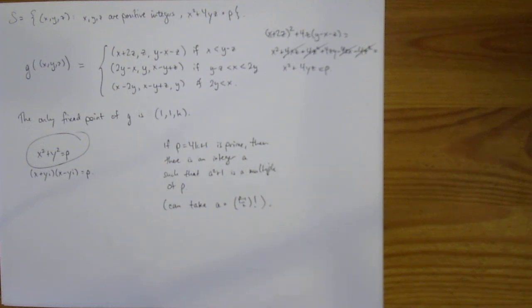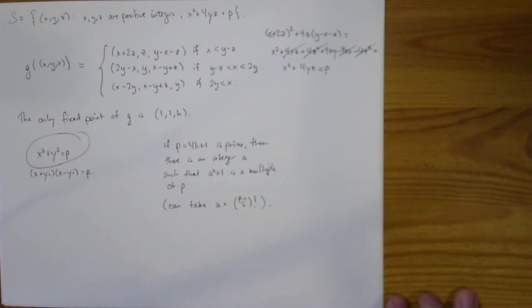Again, a trivial kind of put a negative sign on one or both of the x or y. But aside from that, 2 squared plus 5 squared is the only way to get 29, aside from rearranging and putting negative signs on things. And that's true even for very large primes. Even for very large primes, there's only one way to write them as a sum of two squares.